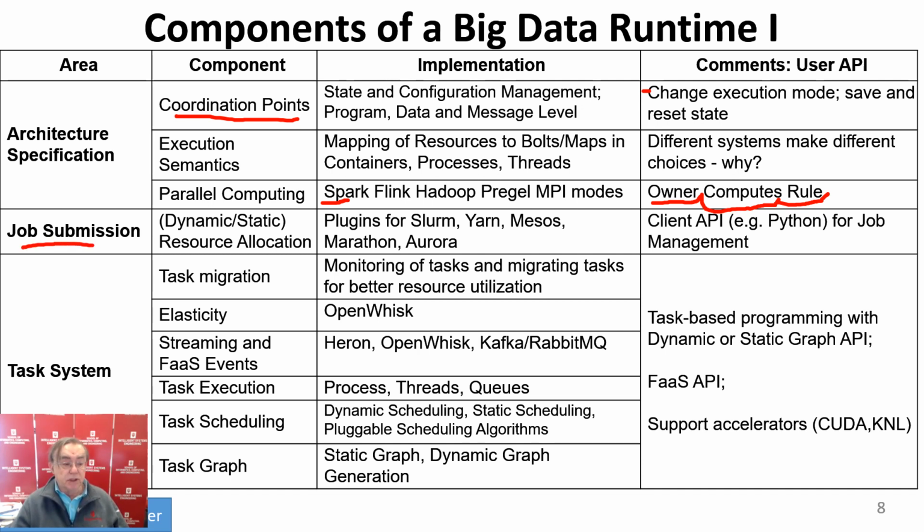We have job submission. And then we just have here various job submission technologies: Slurm, Yarn, Mesos, Marathon, Aurora. The last four are all Apache type job submission technologies. And then you're going to take Python and have your client API be Python, and it can invoke these plugins.